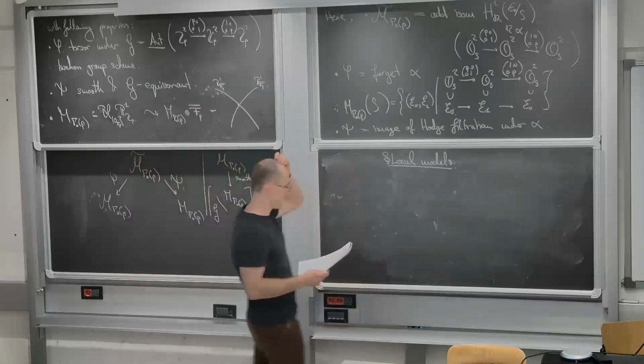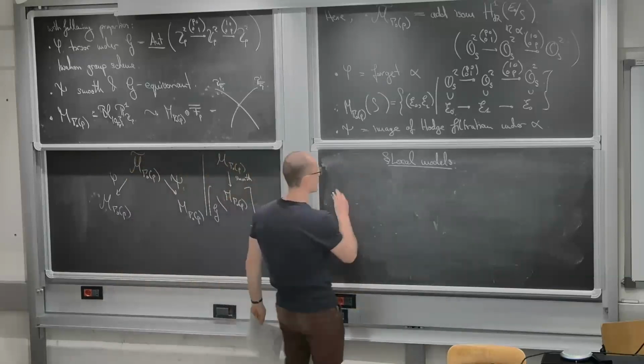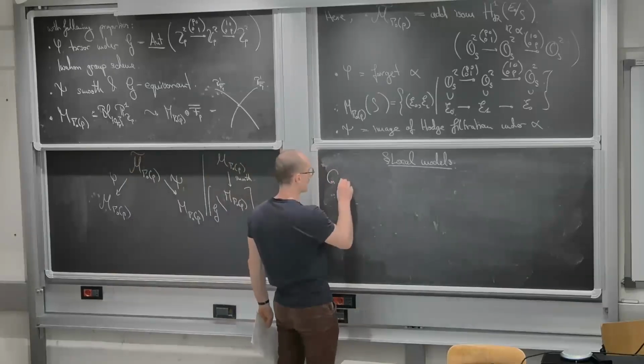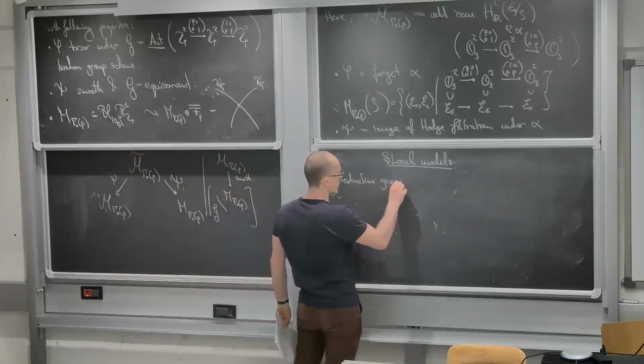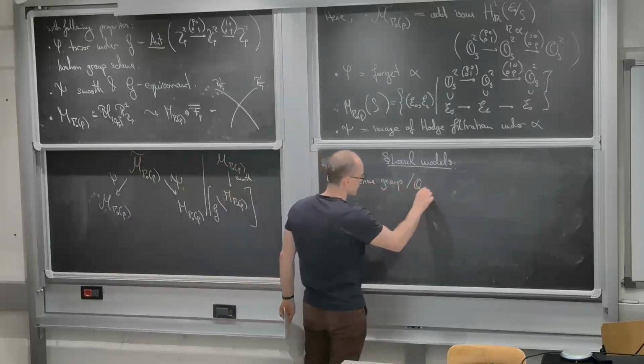Okay, so let me now come to local models, and so here, G is a reductive group over Q_p.